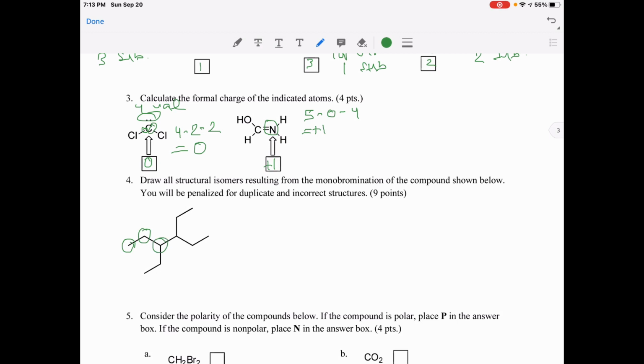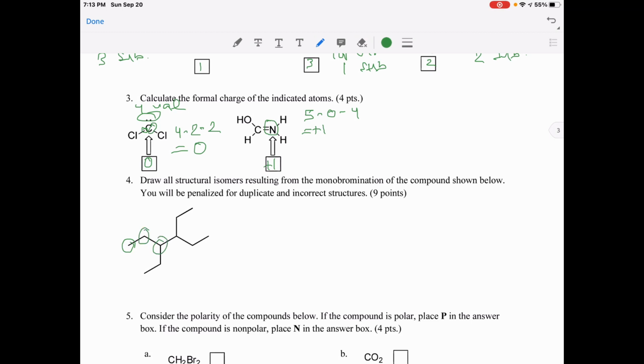If you were to also consider this point, by symmetry, these 2 points are equal. Whenever you draw out the monobrominated structure, they would be identical. You could just flip them and get returned back to one or the other, so you would just have a duplicate structure. You don't want that, and the problem clearly states that as well.